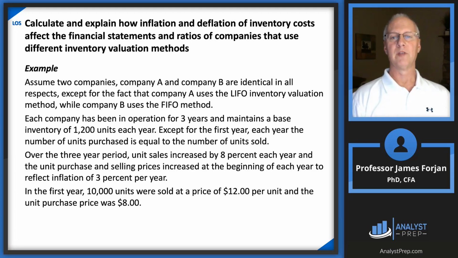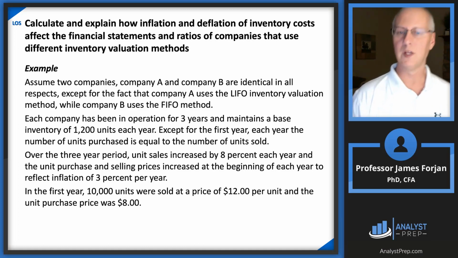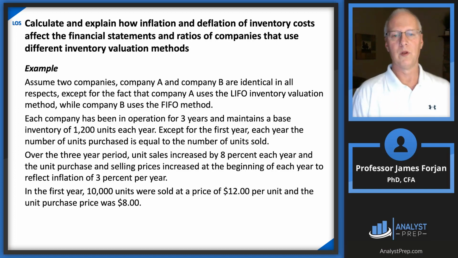Now I have another example here. Two companies, they're identical in every way except one uses LIFO, one uses FIFO. And some simple assumptions here about operations is that these companies maintain inventories of 1,200 units per year. And each year the number of units purchased is equal to the number of units sold.